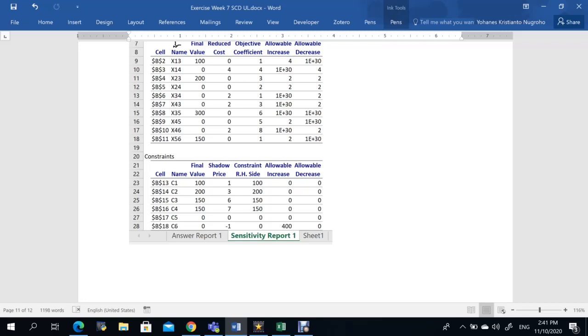And we found that using Excel Solver, only 1 distribution center or transshipment point can be used in order to minimize the transportation cost from nodes 1 and 2 to demand points 5 and 6. Okay, this will be the end of our session today, and see you again in our next session.